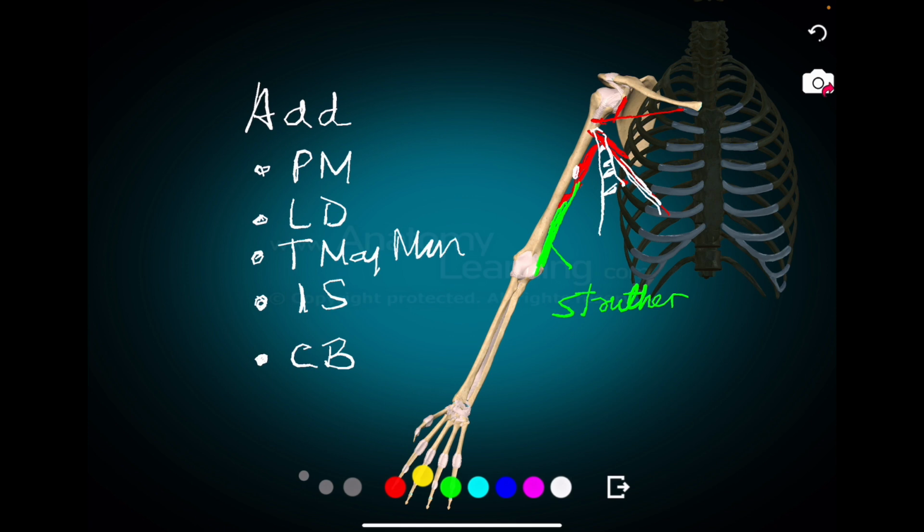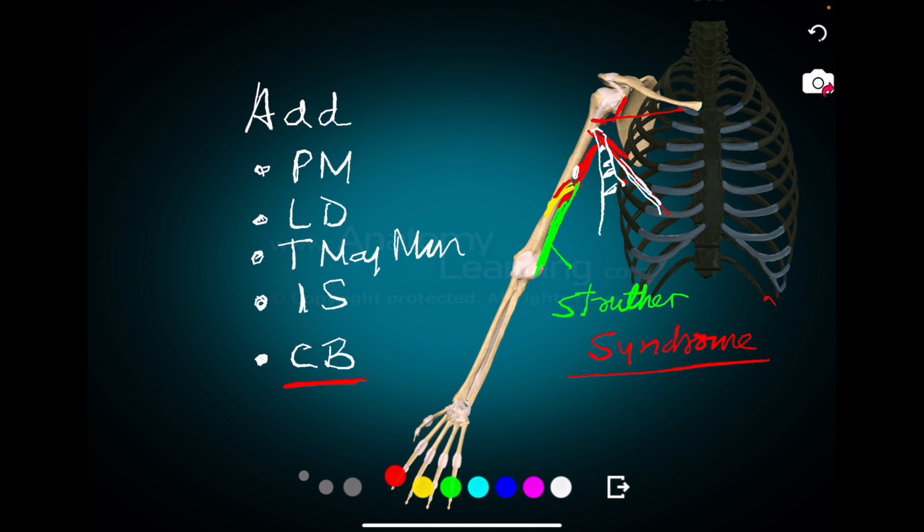The median nerve and the brachial artery may come from behind the coracobrachialis, pass through this foramen, become anterior, and when the artery and the nerve are compressed, it is called Struthers syndrome. So that is the applied importance of coracobrachialis.